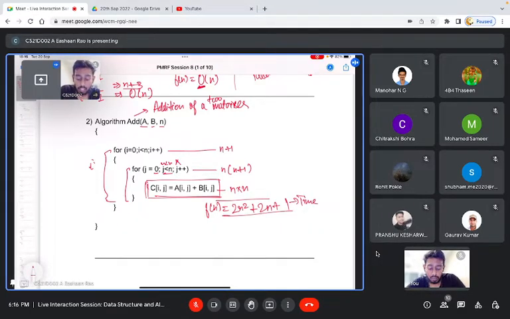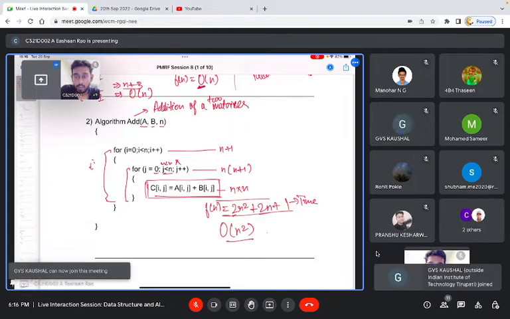If we have to summarize it, we will say it's order of n square. We are removing the 2 and the 2n plus 1, but just by looking at this we know that for an input size n, this program will run for n square time. Okay, that's what it meant.